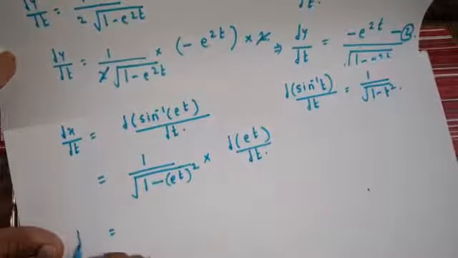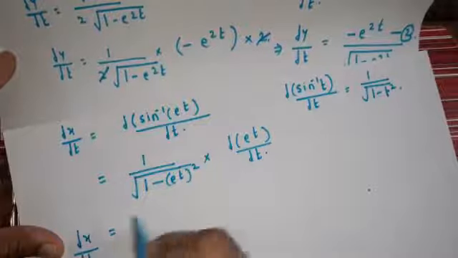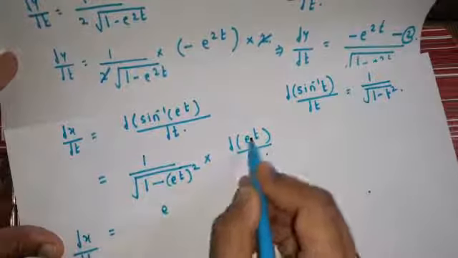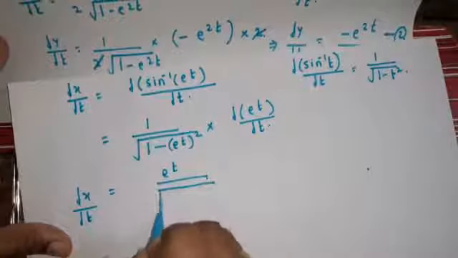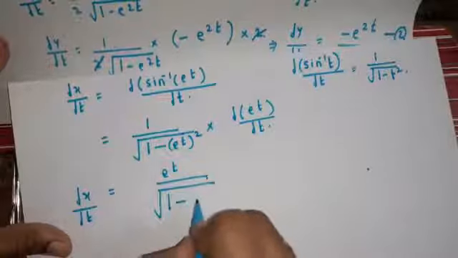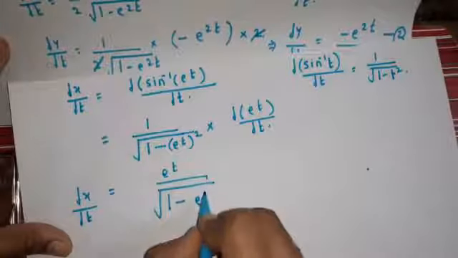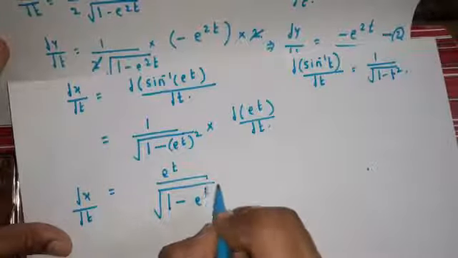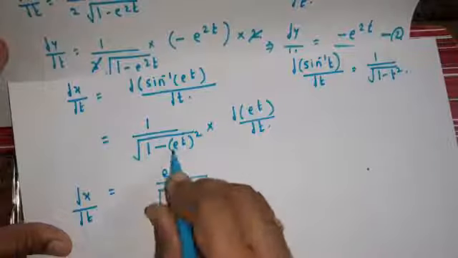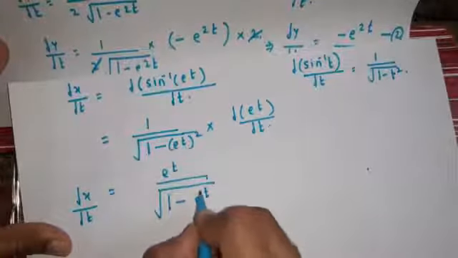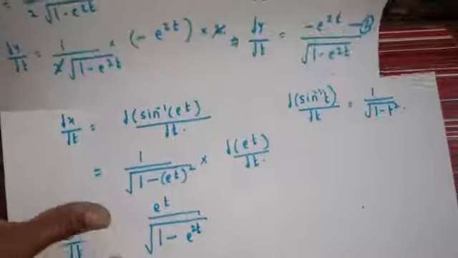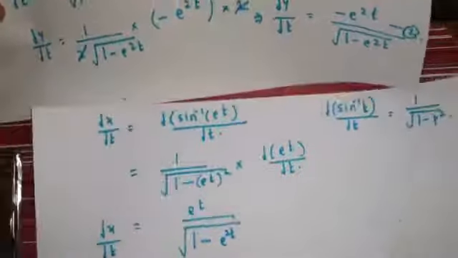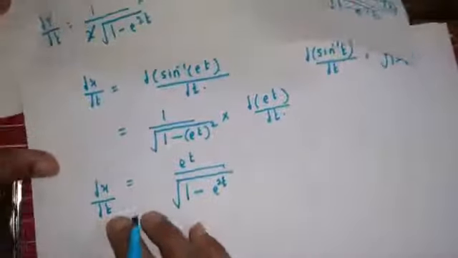So dx by dt equals e raised to t upon square root of 1 minus e raised to t square, and e raised to t square is e raised to 2t. Now this is dx by dt. This is 3.